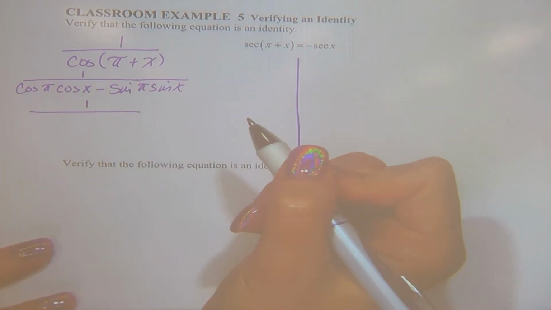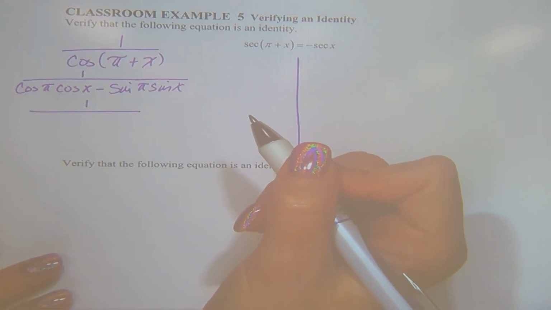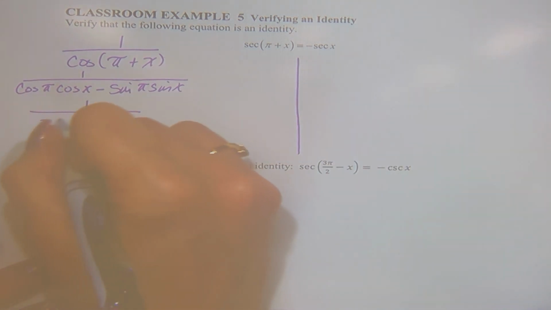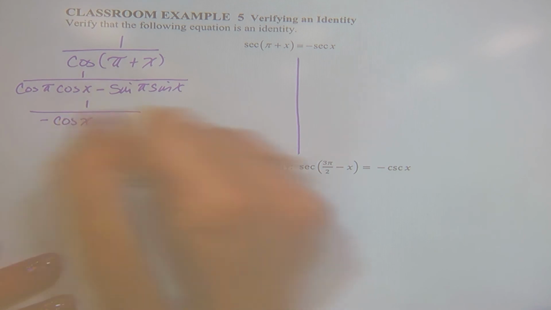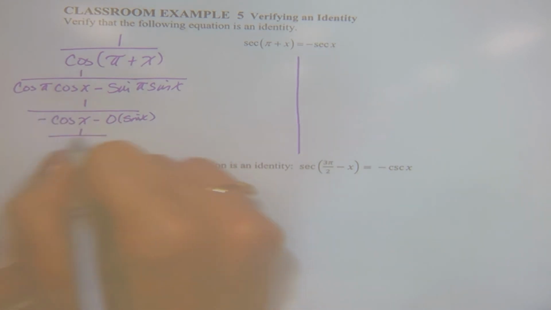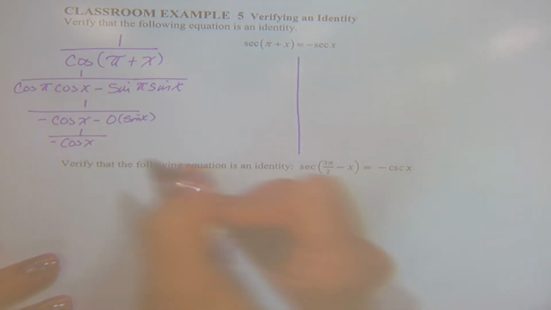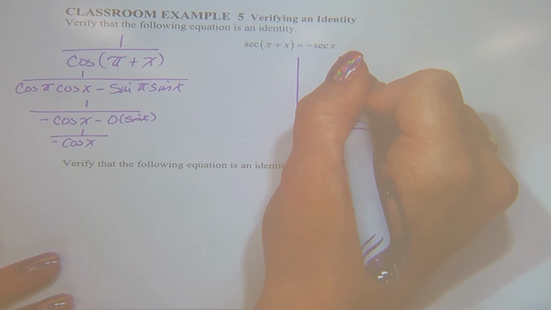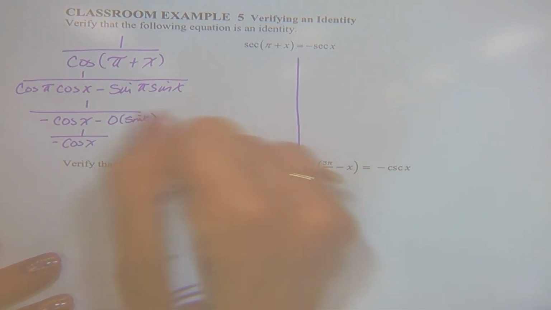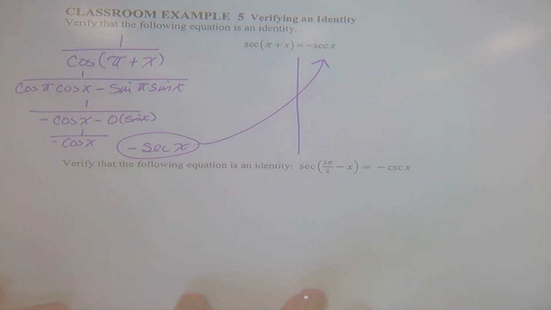I know the cosine and sine of pi. Cosine of pi is negative 1. So that's negative 1 times cosine x. Sine of pi is 0, so that goes away. So I have 1 over a negative cosine x, and look at my goal. The reciprocal of that is a negative secant x, and I'm done. I have verified.